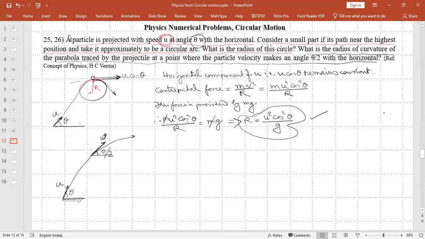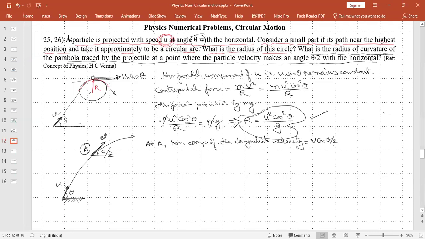What is the horizontal component of this tangential velocity? Let's say this point is A. The horizontal component of the tangential velocity is equal to v cos theta by 2.